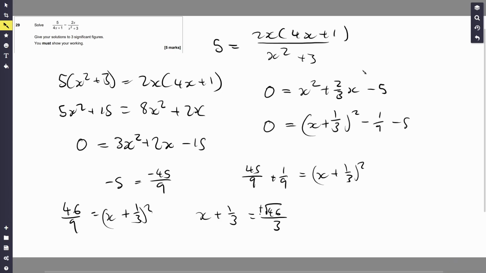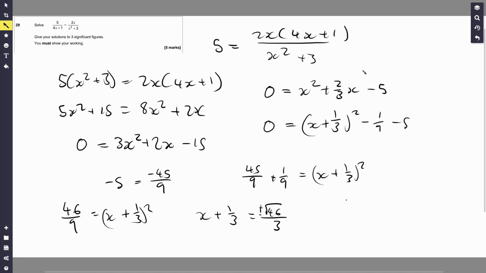And that's plus or minus that, because again, I've said this in previous videos, but if you square the negative square root of 46, it's going to be 46, or if you square the positive square root of 46, it's still going to be 46. So we don't know whether it's going to be plus or minus that. That's why we have to have that plus or minus symbol. And that's where our two answers come from in this quadratic equation.